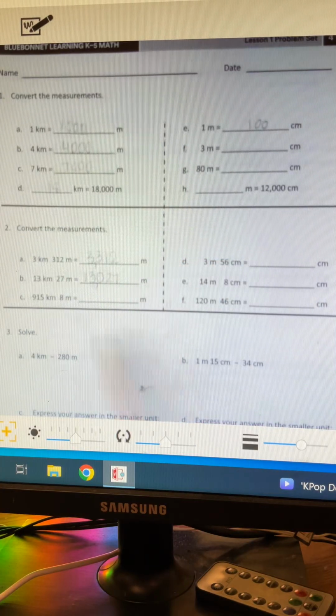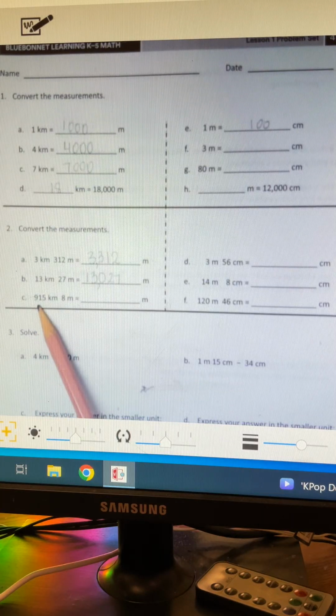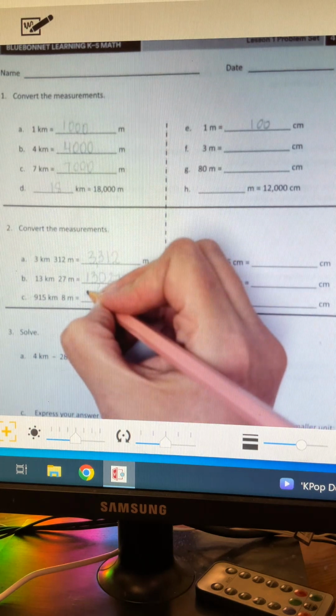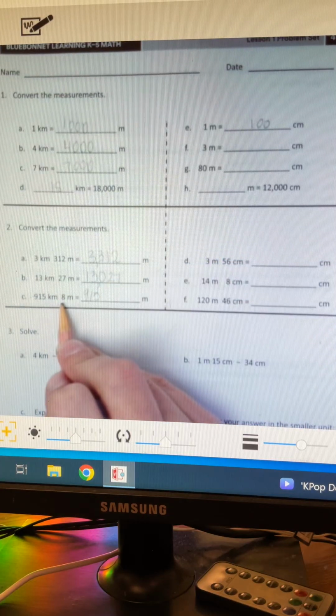Okay, now looking at letter C, we have 915 kilometers and 8 meters. What will that convert to? Well, we know that 915 kilometers has to be converted to 1,000s. So we're going to go 915,000. Do we have any hundreds? Nope.